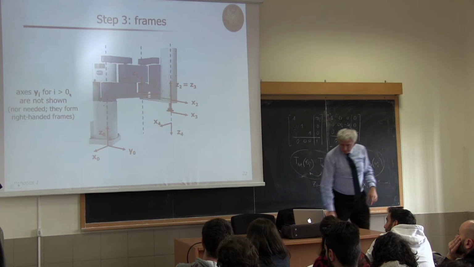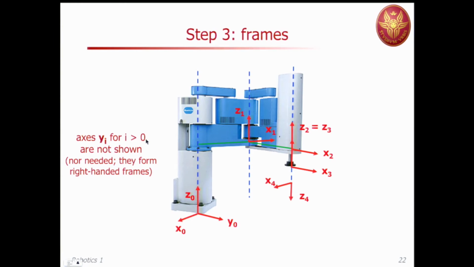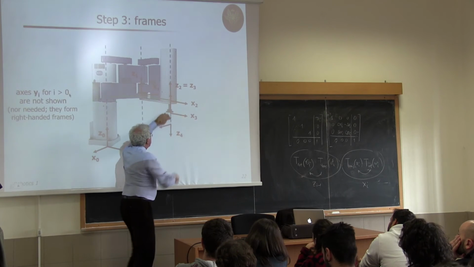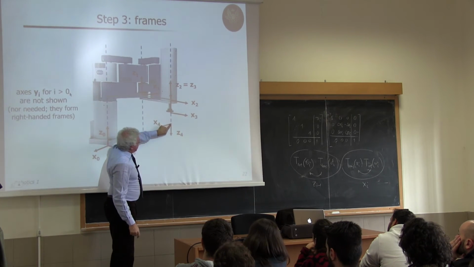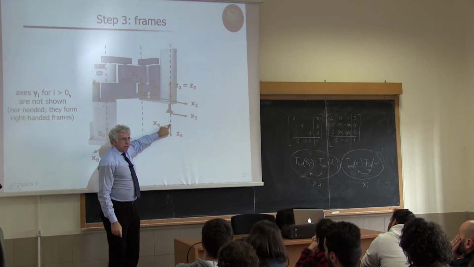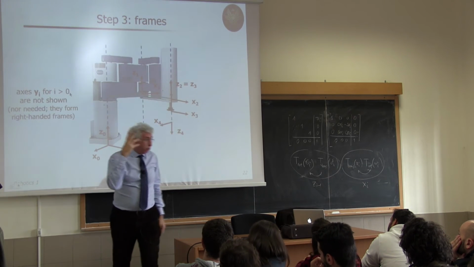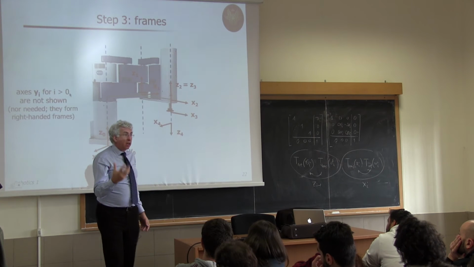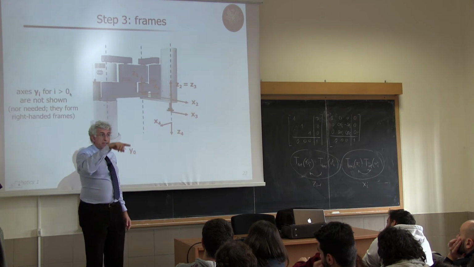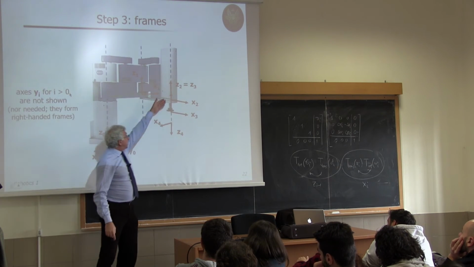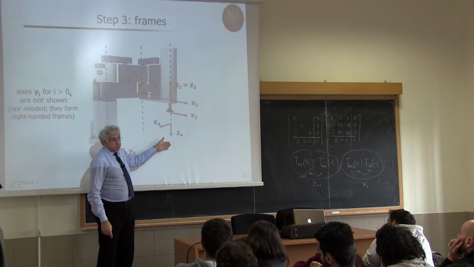And finally, suppose now, just for showing things, that here you mount some tool that ends here. Now, the last frame, the only thing which is defined is x4, so xn in general, which should intersect orthogonally the last defined joint axis, which is z3.